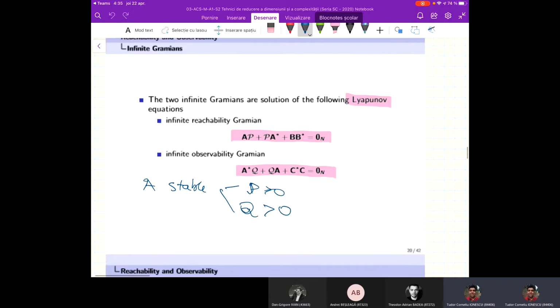Furthermore, the infinite gramians are the solutions of Lyapunov equations: the first is the solution of the controllability Lyapunov equation, and the other of the observability Lyapunov equation. Mind you that the system which needs to be approximated is stable and controllable. Hence, P is positive definite and Q is also positive definite.